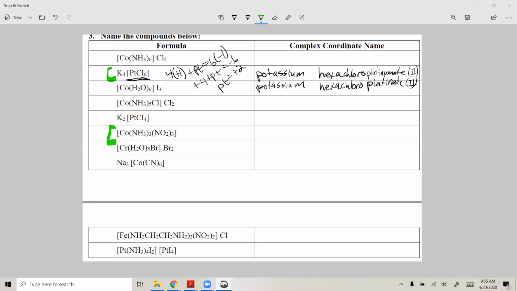Only when the complex ion has a negative charge to it is when you have it end in -ate.